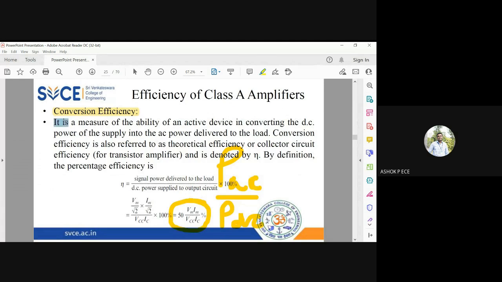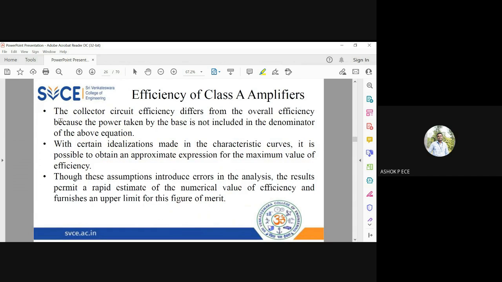Conversion efficiency is defined as the ability of the active device to effectively convert DC power into AC power. It is a theoretical efficiency denoted by eta, and the expression is given here. It is literally PAC by PDC: the input biasing you give, and the output AC power I get because of amplification happening inside the device. This overall represents the collector efficiency because you take the output from the collector.